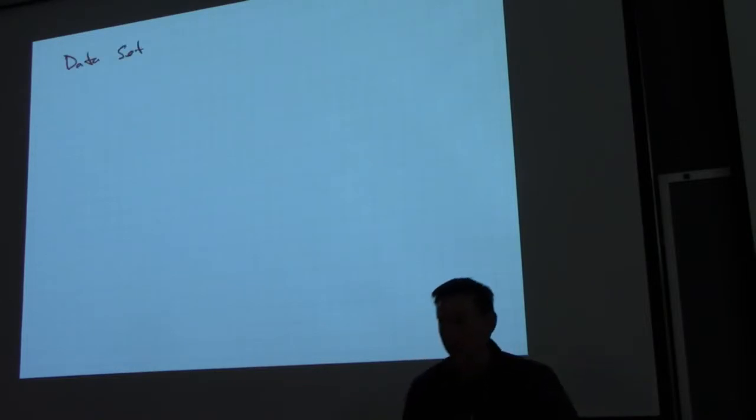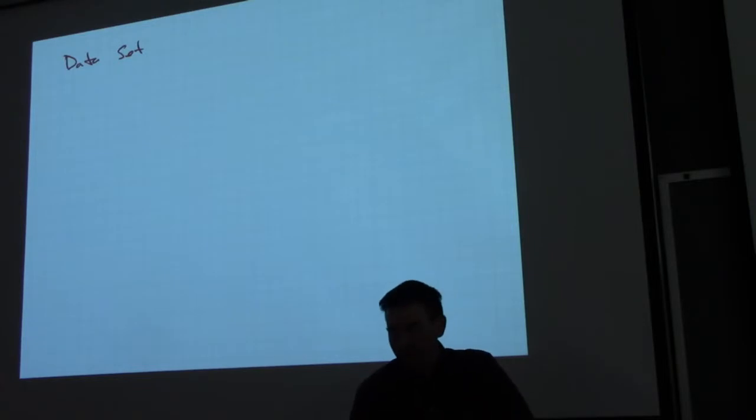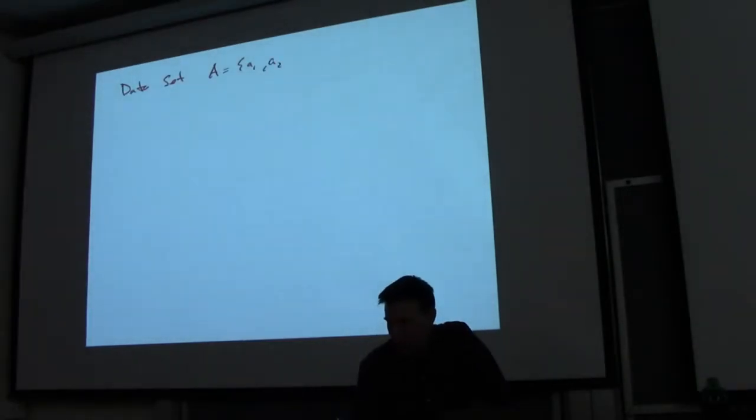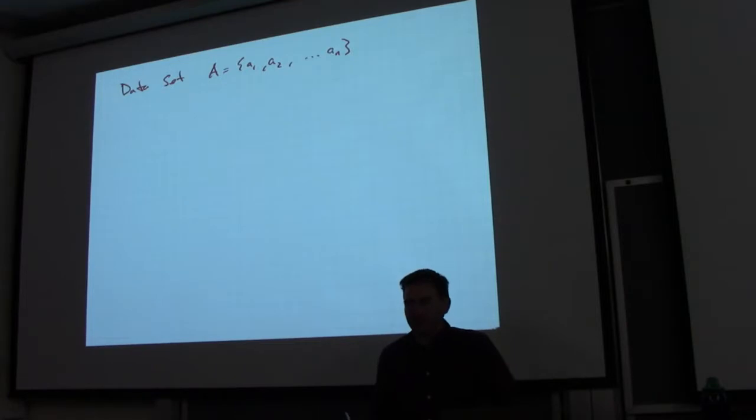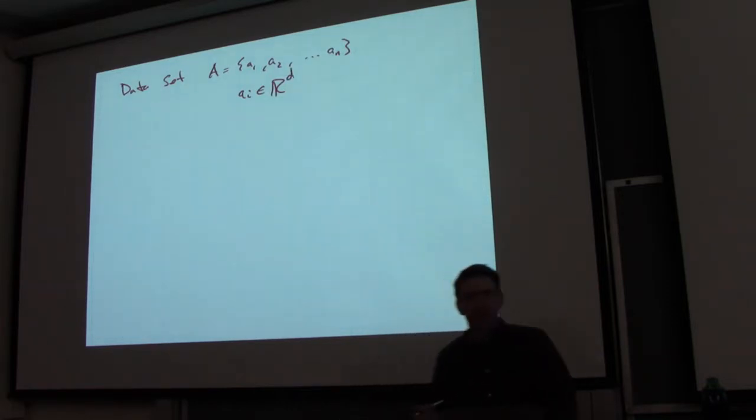We're going to start with the data set, and I'll call it A. You can think of it as A1, A2, up to AN. So we have N of these data points, and each of the AIs is going to be in R^D.